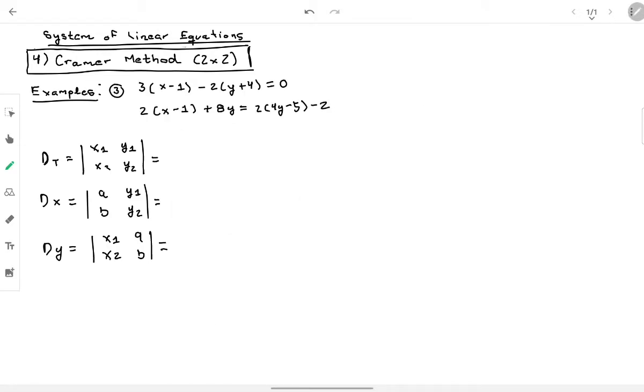So let's see, if we have this system, remember the first thing is we need to simplify and order our equations. So on the first one, it's going to be 3x minus 3 minus 2y minus 8. I'm sorry, I forgot the equal 0.